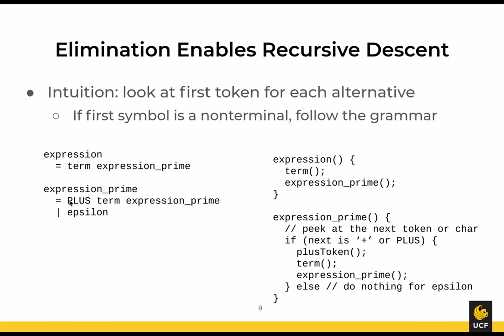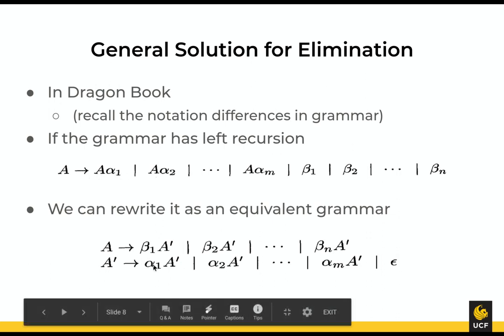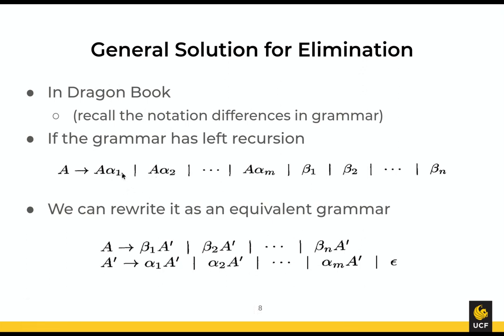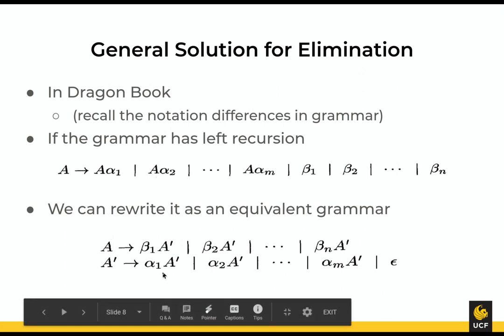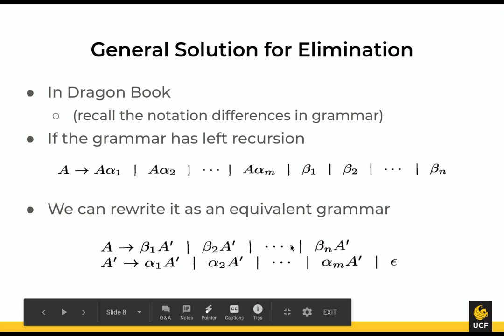If we look at how the Dragon Book shows it, we took the suffix of the production, all the stuff after the recursive part, and made it the prefix of a new non-terminal. So the prefix of every production in A prime is the suffix of the original left recursive grammar. It's literally just turning left recursion into right recursion. But there's a little extra bookkeeping for the productions that were not left recursive, and that's what all the other extra productions are here.